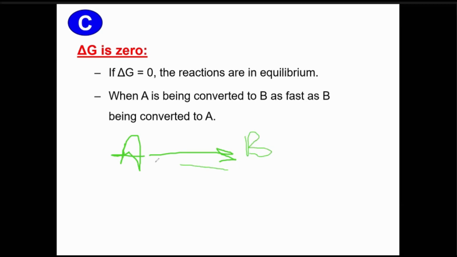From B to A, it goes very quickly. So A is converted to B as fast as B is converted to A. So if you have a product, let's say glucose, it gets converted rapidly to CO2, and then CO2 will be converted straight back into glucose. So this is basically what equilibrium means.